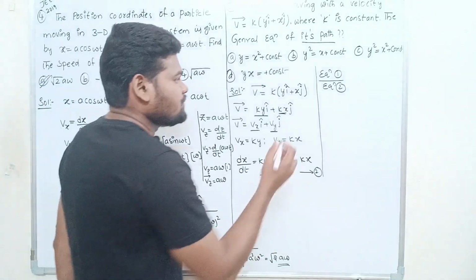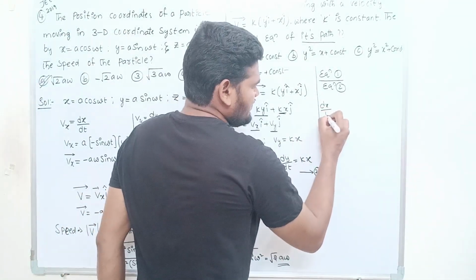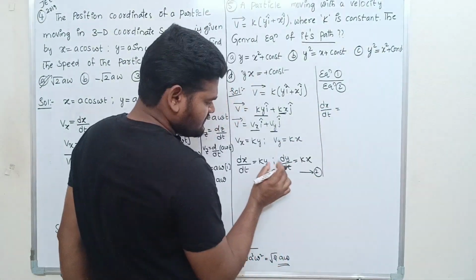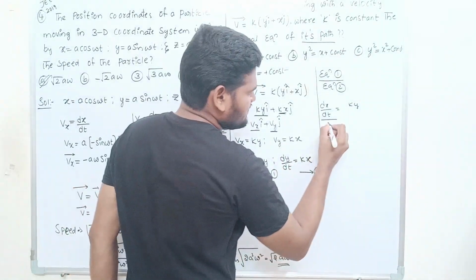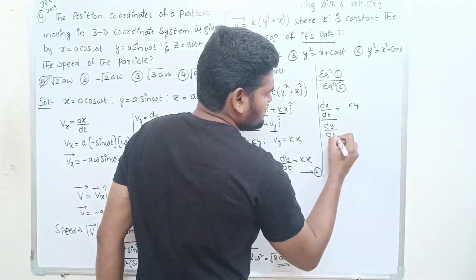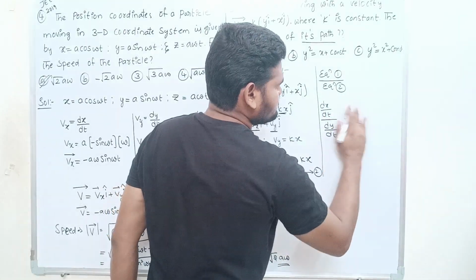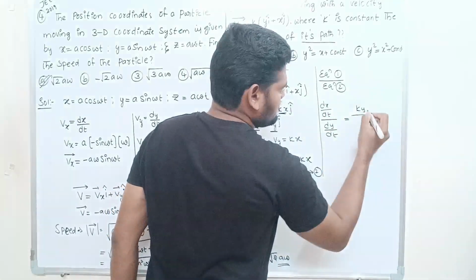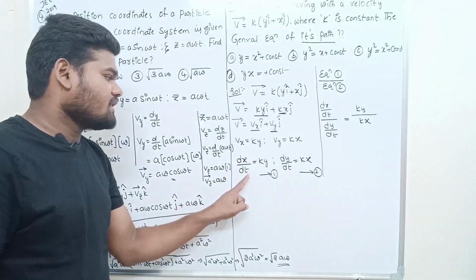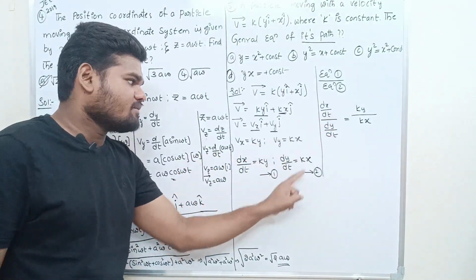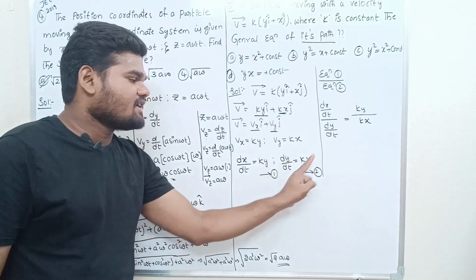Have a look. So dx by dt divided by dy by dt is equal to Ky divided by Kx.